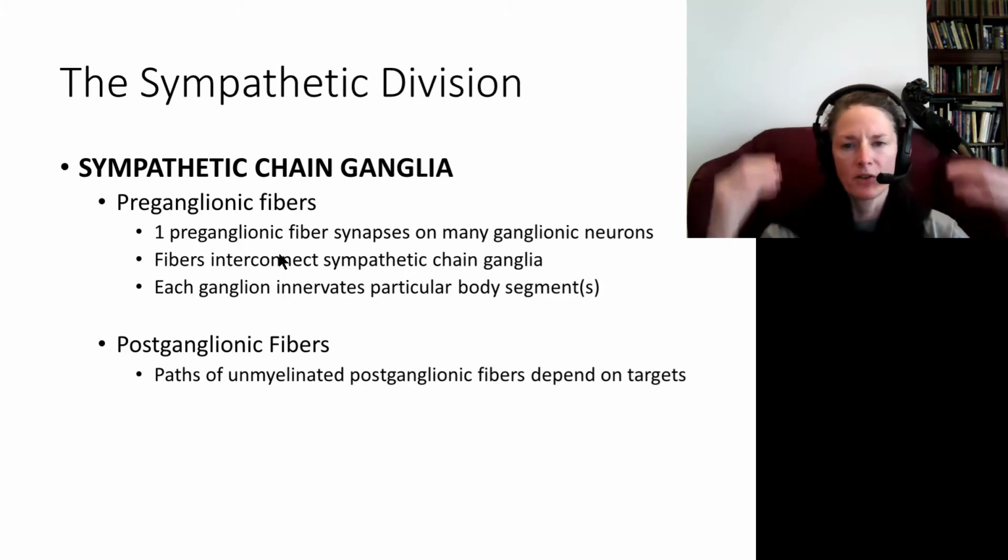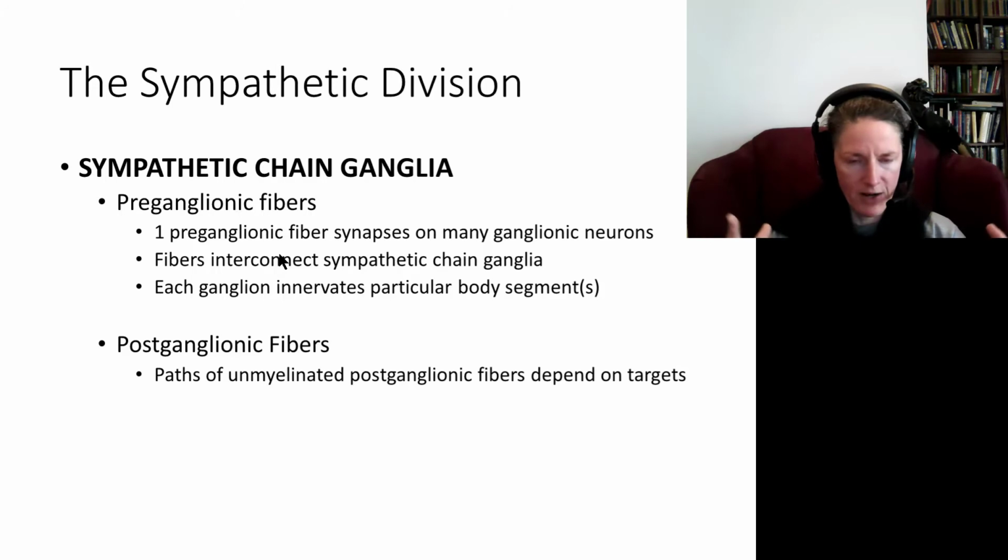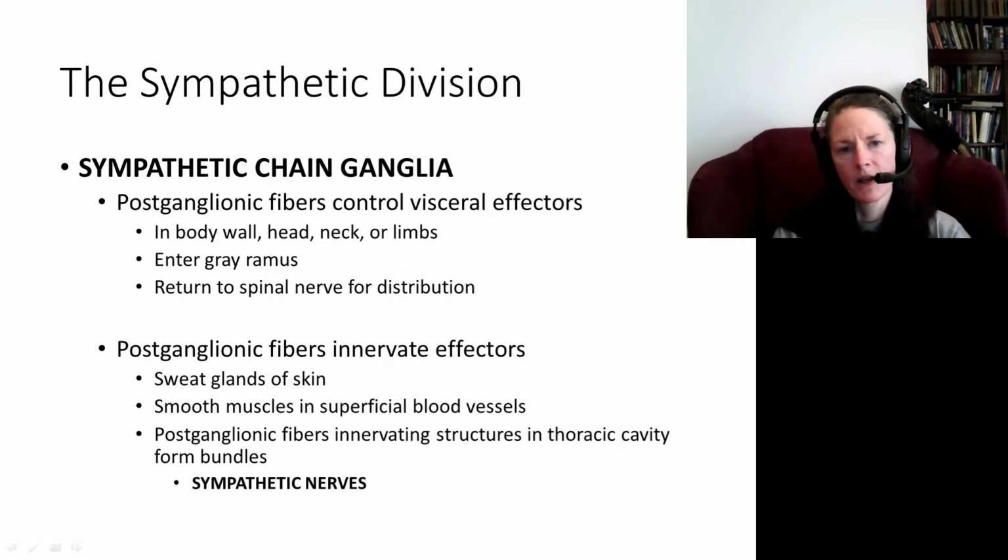You'll see that obviously the upper ones near the cervical region are going to innervate areas of the head and neck, and the lower ones down in the lower thoracic and lumbar regions will innervate lower structures.